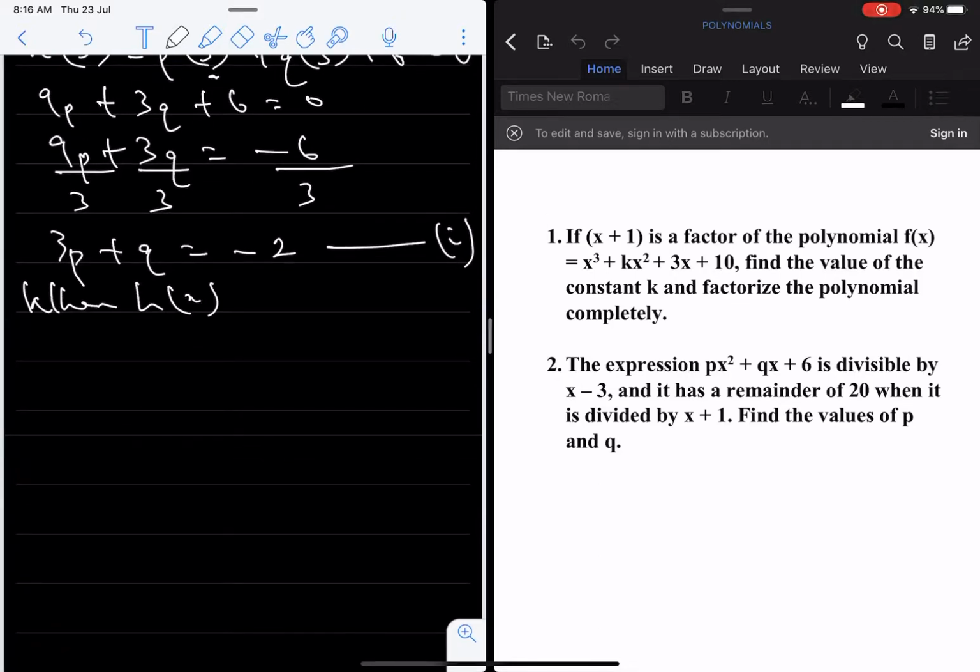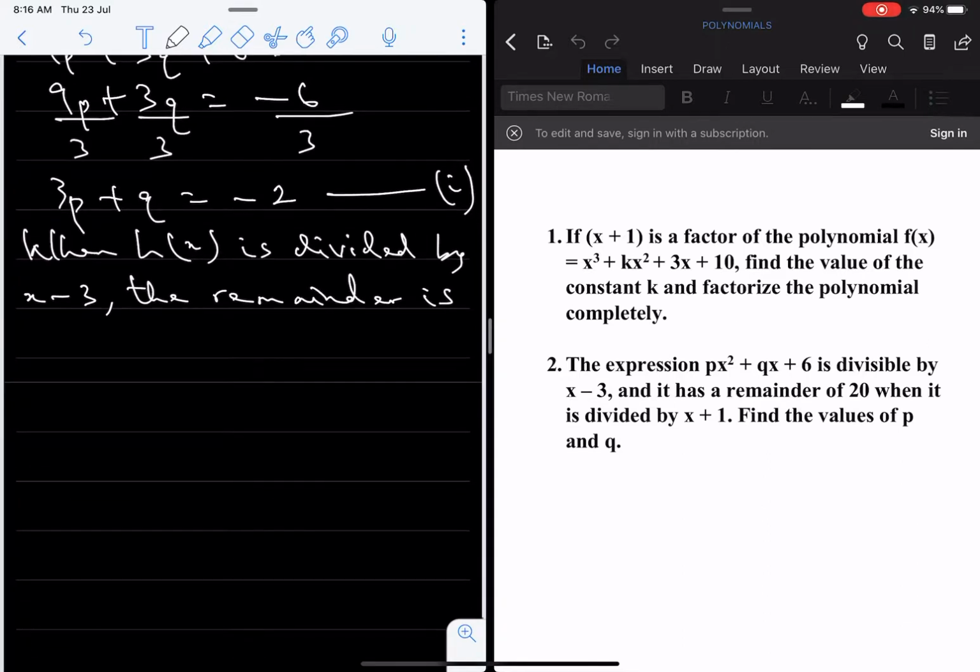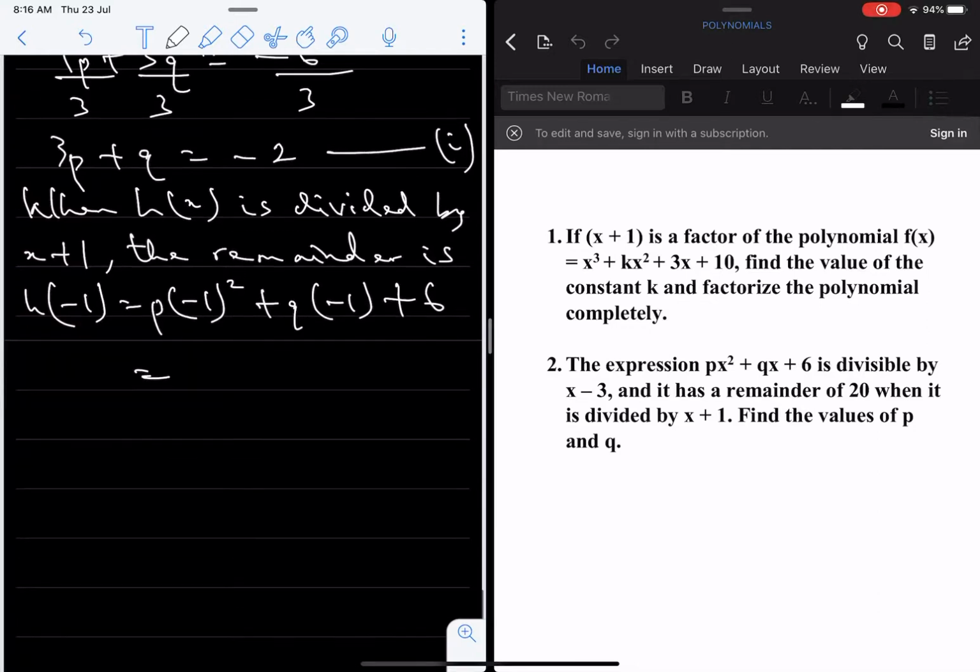When h of x is divided by x plus 1, the remainder is h of minus 1, and that's given by p times minus 1 squared plus q times minus 1 plus 6, and the value of that remainder is 20.